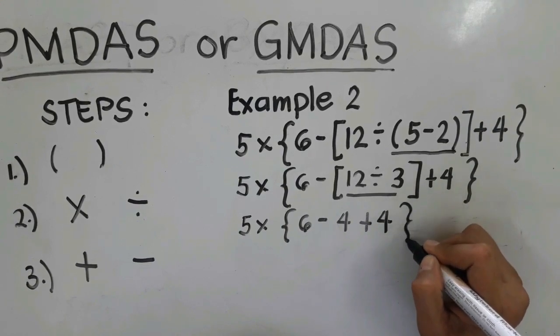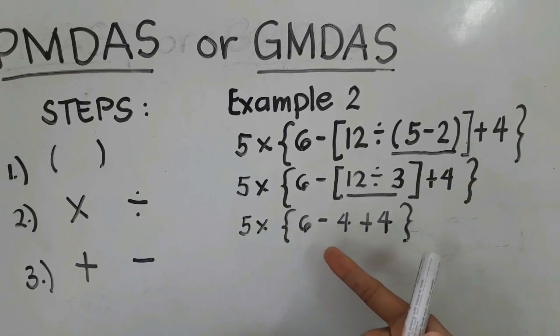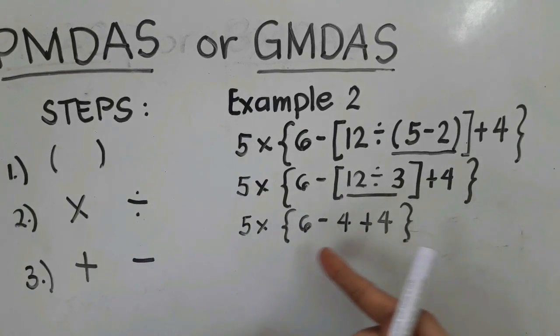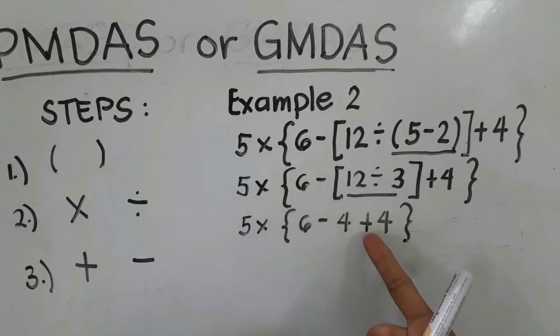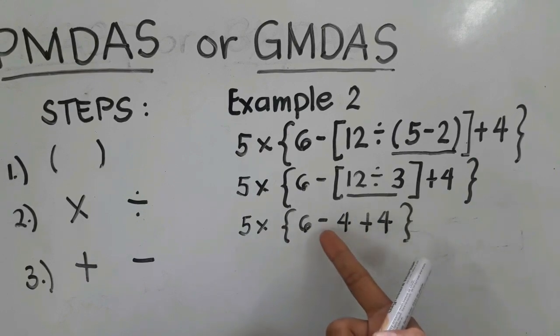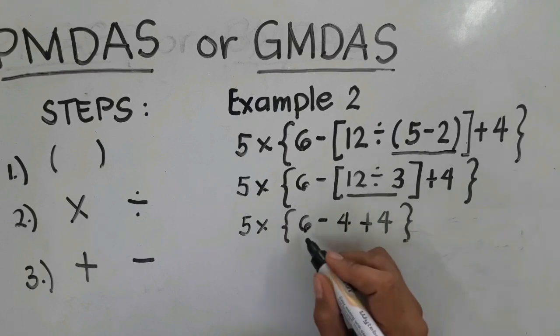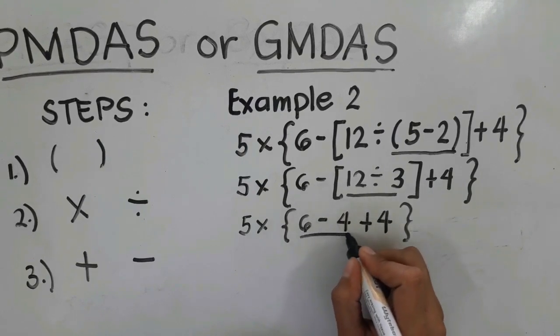Then the brace. Now, you notice that inside the brace, there are 2 operations, subtraction and addition. So, what will you solve first? Since subtraction comes first, we have to subtract first.